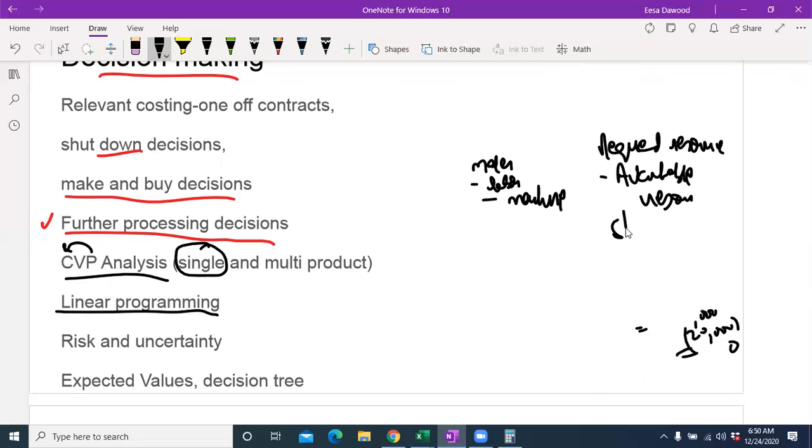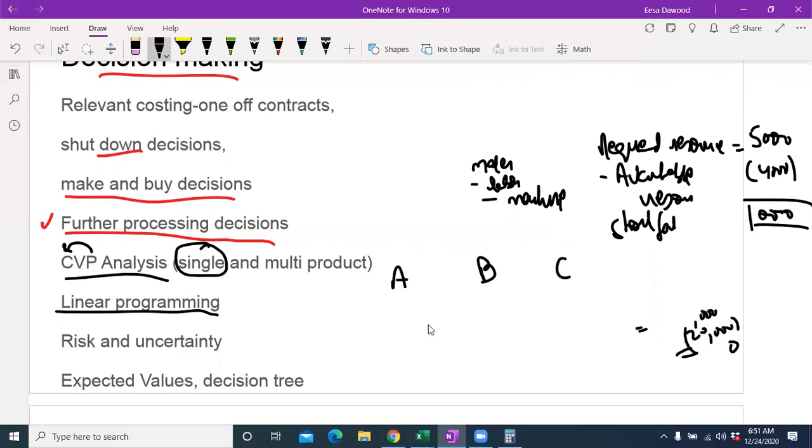Then only there'll be a limiting factor. For example, required material was 5,000 kgs, but the available is only 4,000 kgs. So there is a shortfall of 1,000 kgs.